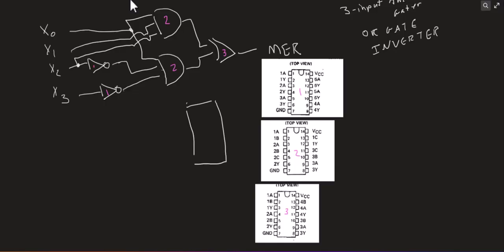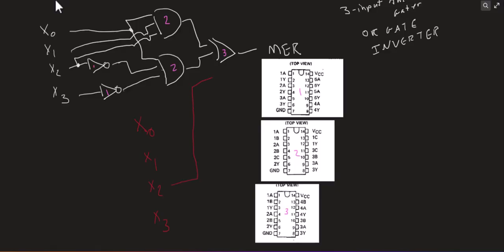And then my inputs, I will have X0, X1, X2, X3. X2 and X3 are going into the NOT gate.